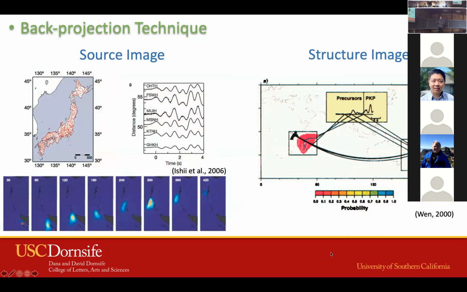It can also be used to image the interior structure, especially the lower mantle. People like to use back projection to study the interior structure using the PK or PKP precursors.